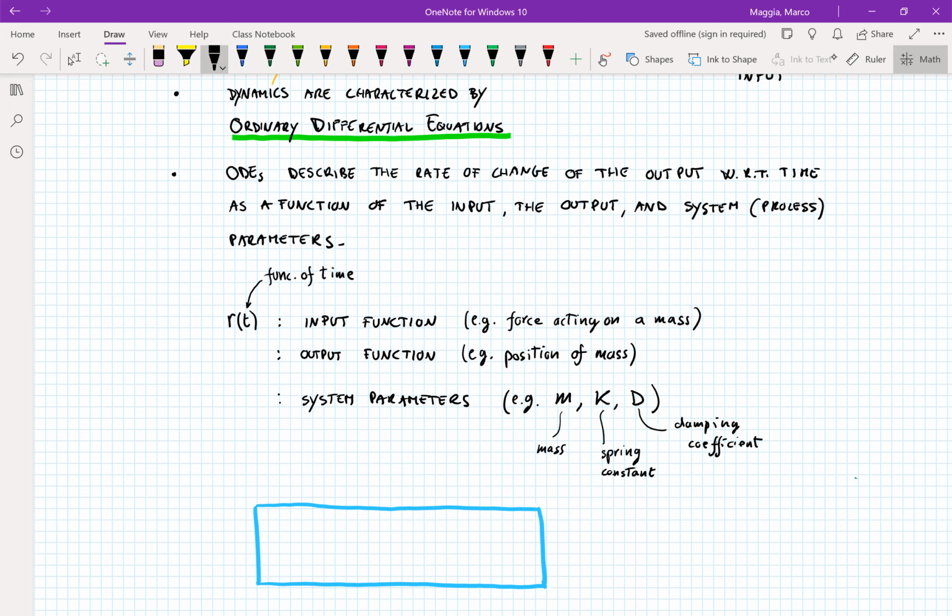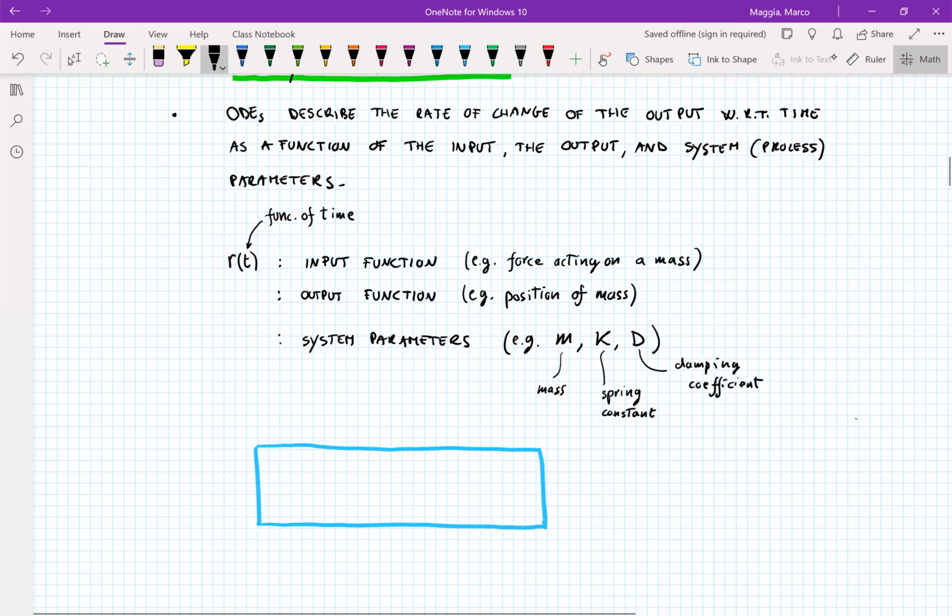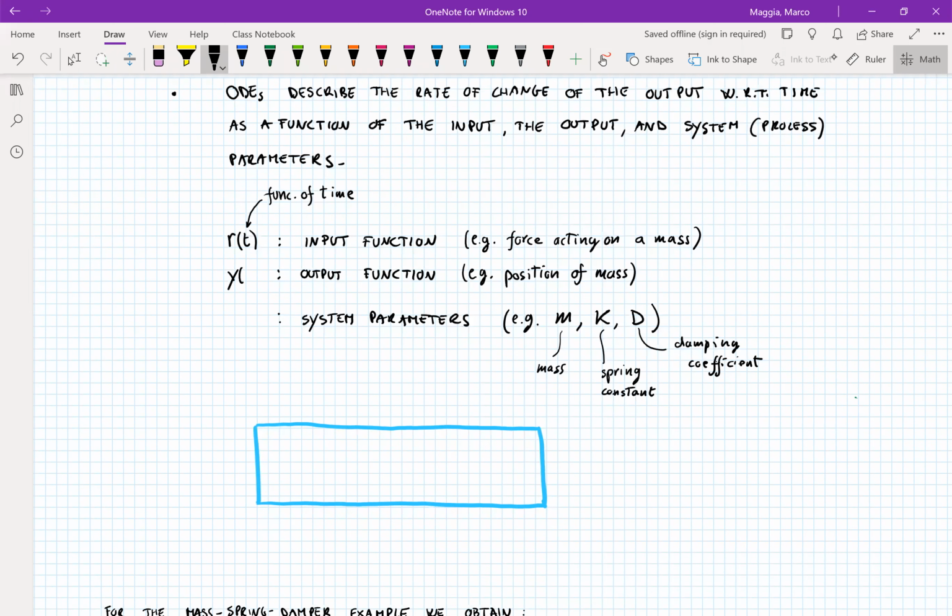What about the output function? The output function is usually indicated with y of t, or sometimes with x of t. It depends. It will be clear by the context. In this case, we're going to use y of t. I want to be faithful to the notation in your book.